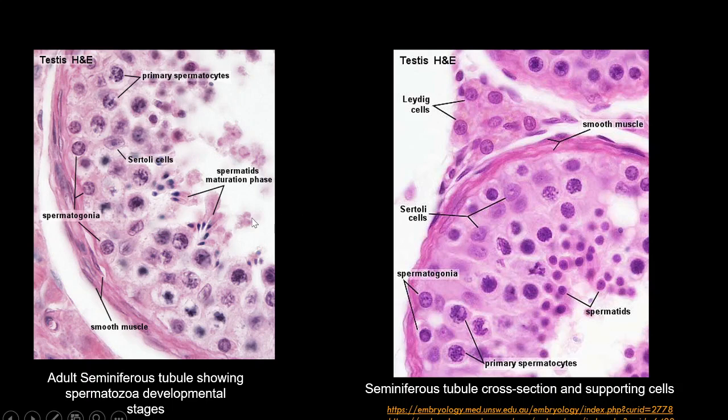Here you can see the spermatids have started differentiating into sperms. Along with this division, you can also see longitudinal cells, which are the Sertoli cells. These are somatic cells which provide nourishment and support to the developing sperms.